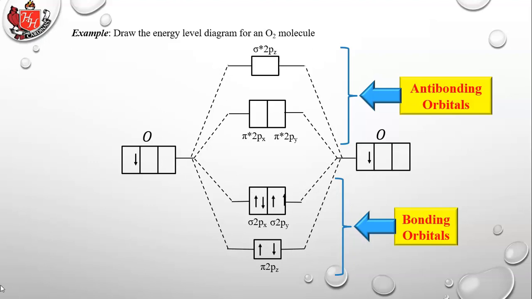Okay, so now we filled up the bonding orbitals down below the atomic level, the middle there. So now the last two have to go in antibonding orbitals.